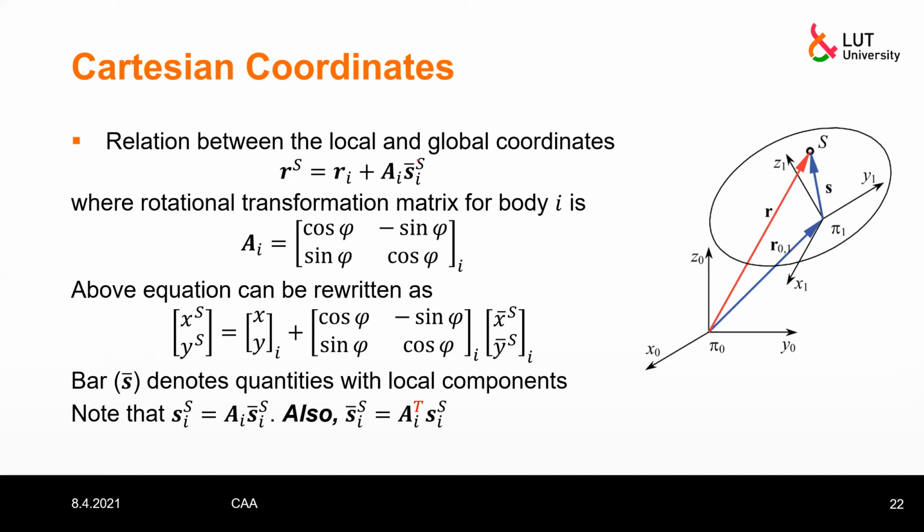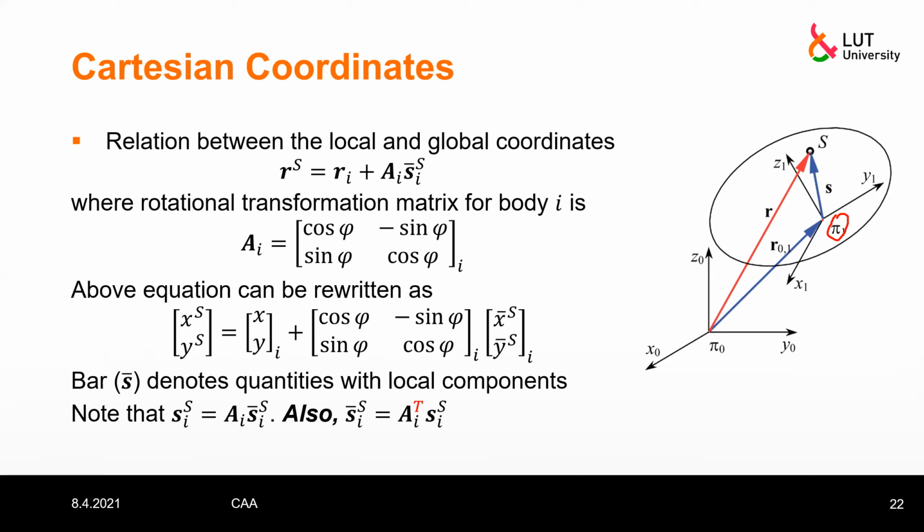But with s bar, we describe the vector s with respect to the local coordinate frame, like here, p1. And without bar, we describe it in global coordinates.